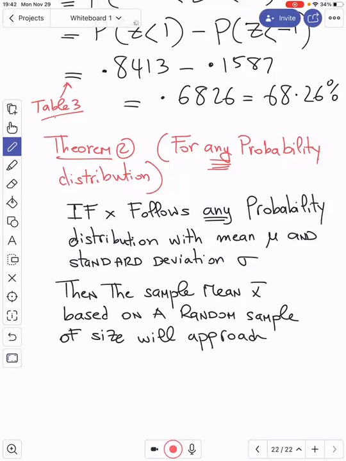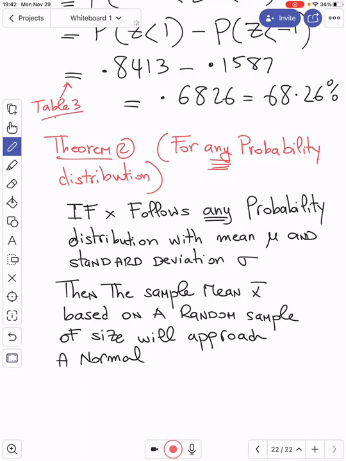a normal distribution. So in other words, if your x follows any probability distribution, again, it doesn't have to be a normal distribution, and that's why normal distributions are very, very important, then the sample mean is going to approach a normal distribution as n grows to infinity, or as n gets very large.